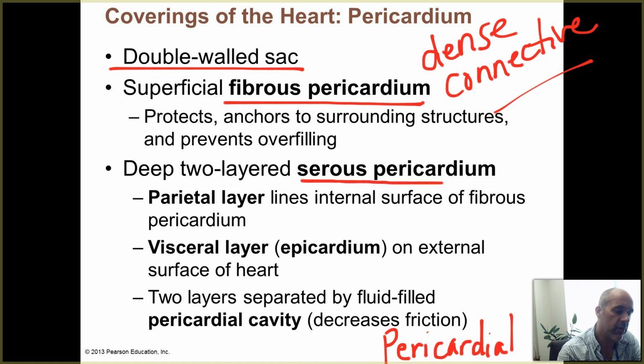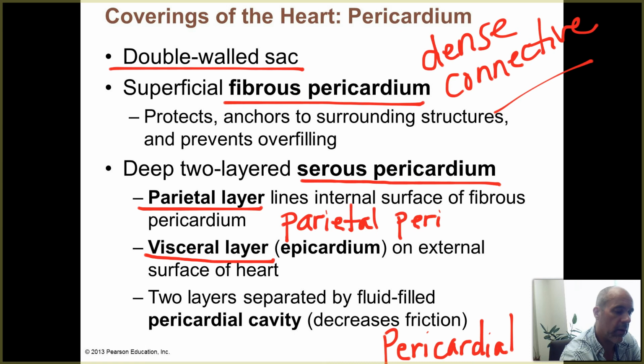If you remember, those serous membranes have two layers. There's a parietal layer that lines the compartment, and then there's a visceral layer that is actually in contact with the organ itself. So you have the parietal pericardium.